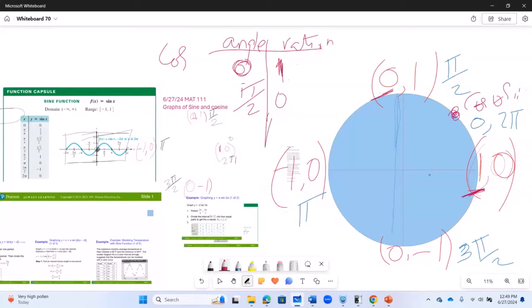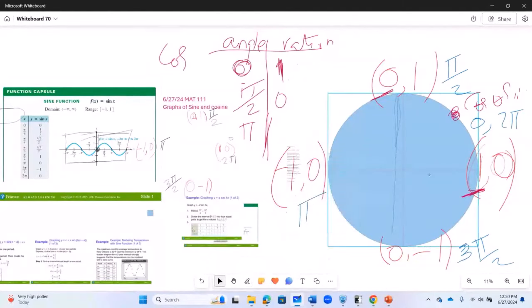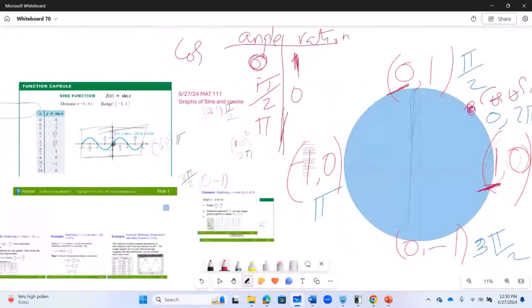And this is 180. Cosine of 180 degrees, look at that, it's negative 1. Cosine of 180 degrees is negative 1. Cosine of 270 degrees, I'm just going to clean something out here.